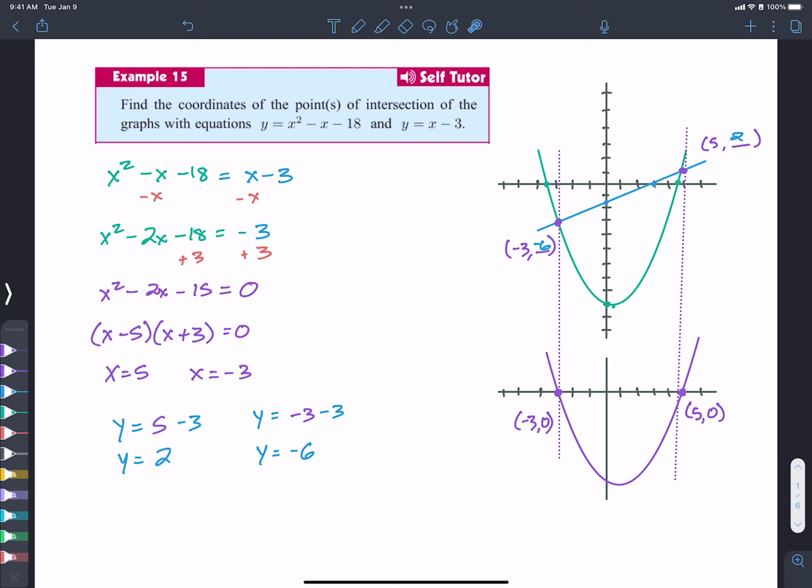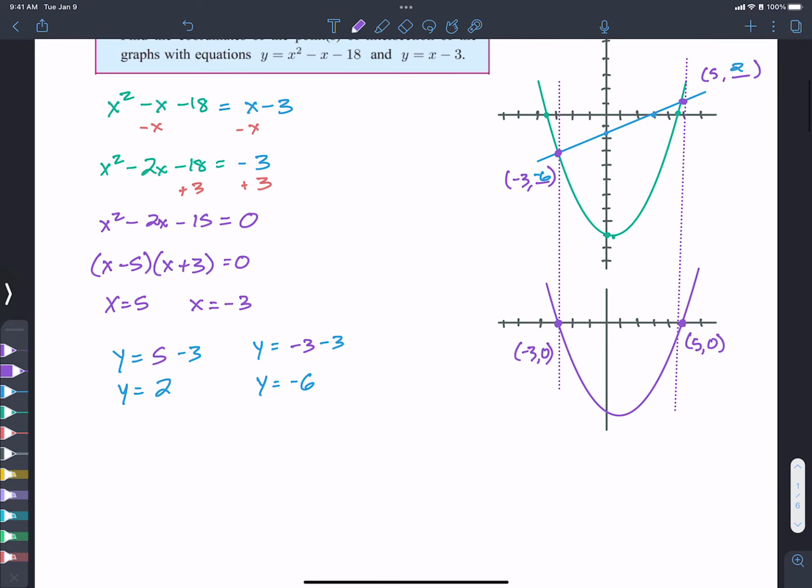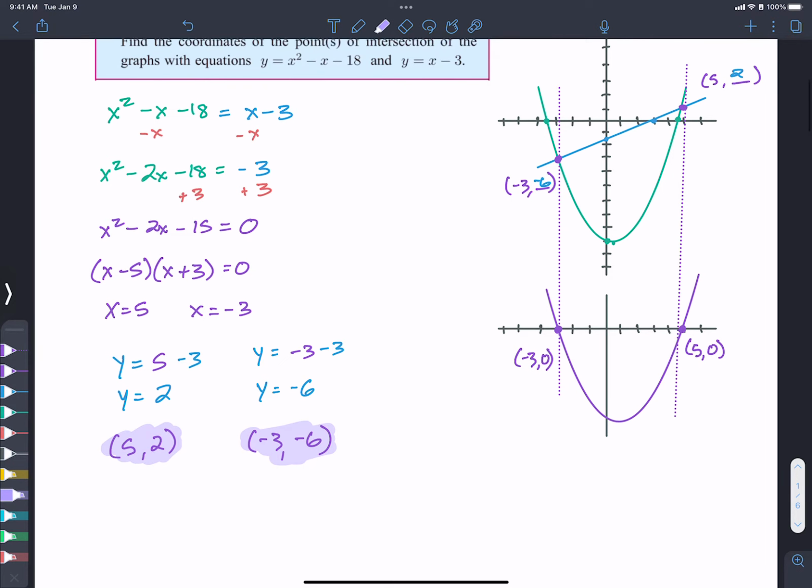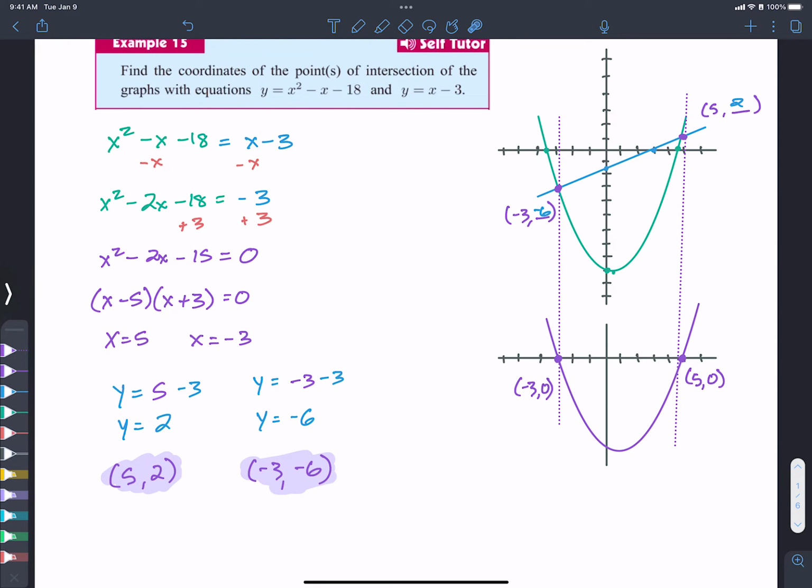So here's our two intersections. Our 2 points of intersection are going to be 5 and 2 and negative 3, negative 6. So there's our 2 points of intersection. And so again, what we did was we set these two equations together. We created a new quadratic.